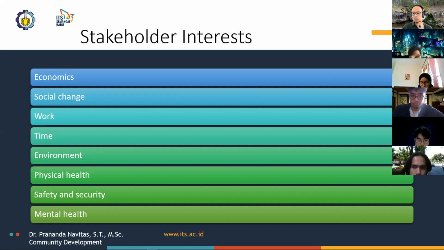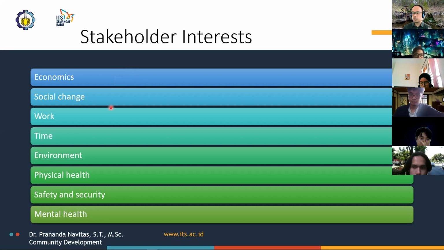Now, stakeholder interests vary greatly from one category to another, or even from individual to individual. Some stakeholders may have economic interests.